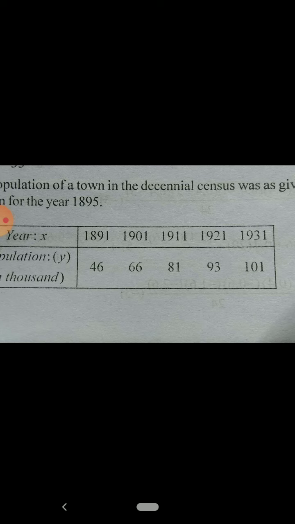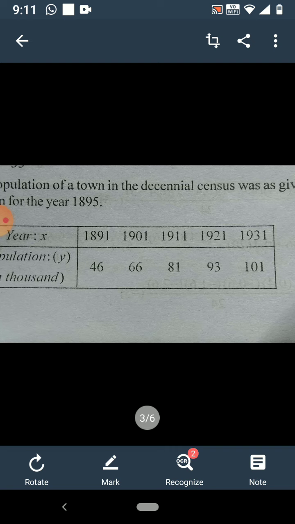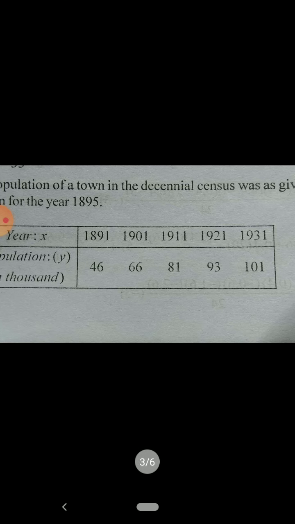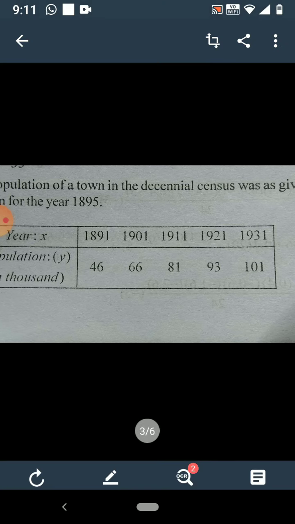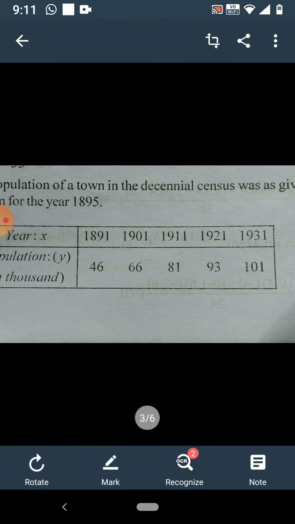Now 1895 is near the beginning of the tabulated values. If you observe here, it is at the beginning of the tabulated values. At that time we shall use the forward difference interpolation formula.